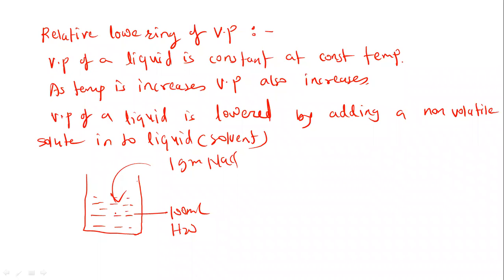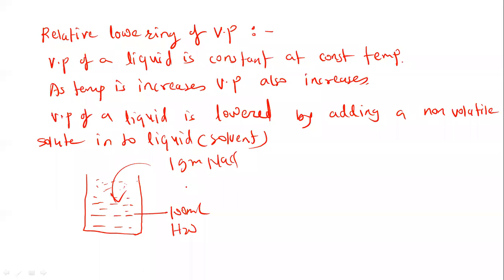This is because sugar is a non-volatile solute, and it reduces the vapors which are formed there. So due to the addition of the non-volatile solute, the vapor pressure of the liquid is lowered.